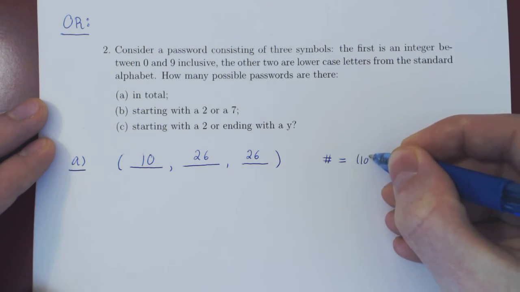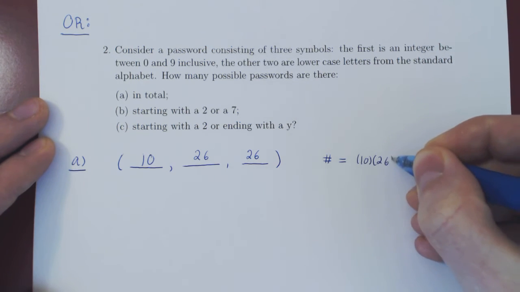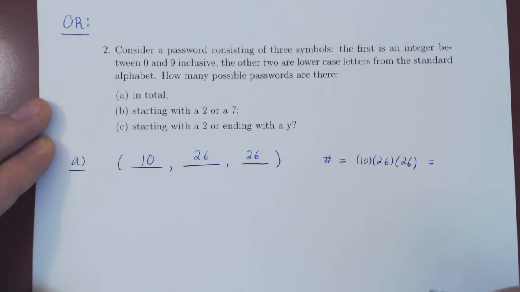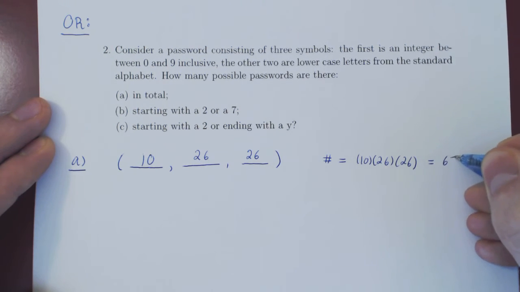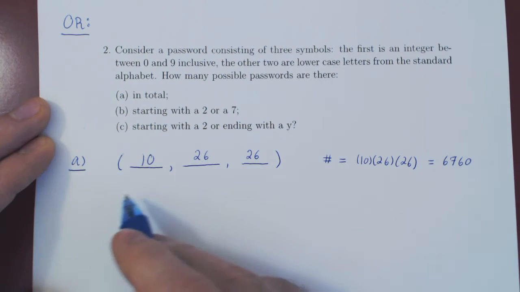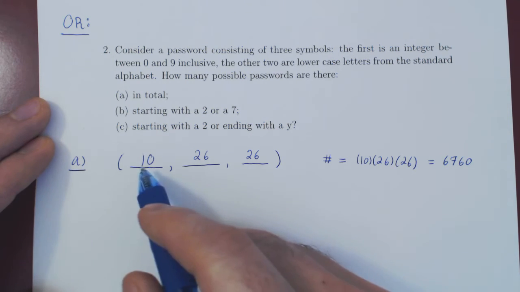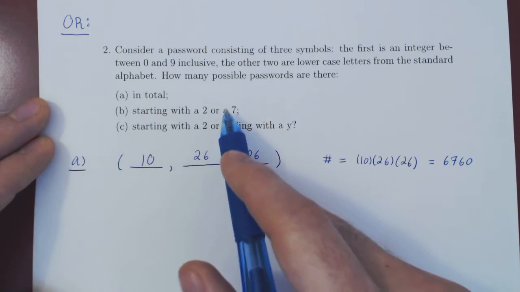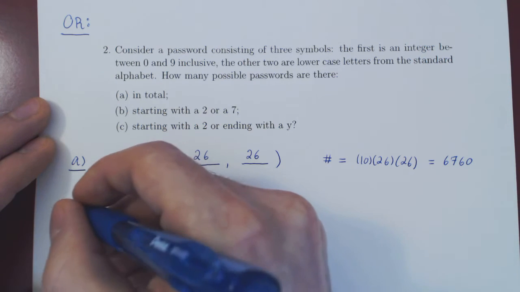So it is 10 times 26 times 26, which gives us a total number of possible passwords of 6,760. And that's it. So the first example, part A, was just AND. There's no OR. In B now, there will be an OR. So it'll be slightly more interesting.